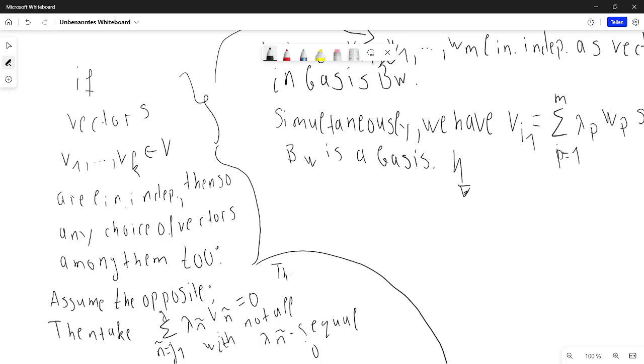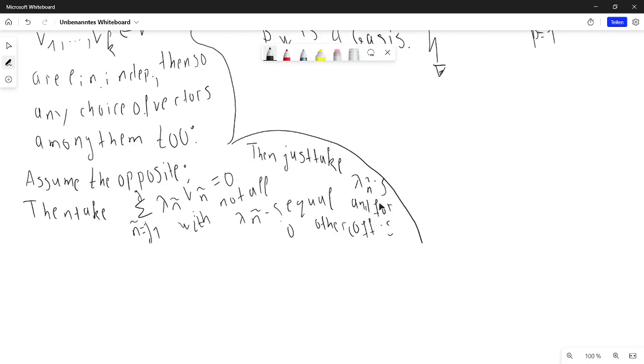And then just take lambda in tildes, and for the remaining coefficients, the other coefficients, zeros.